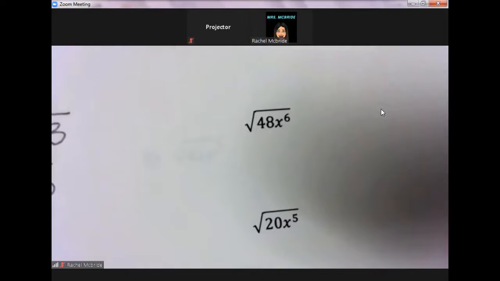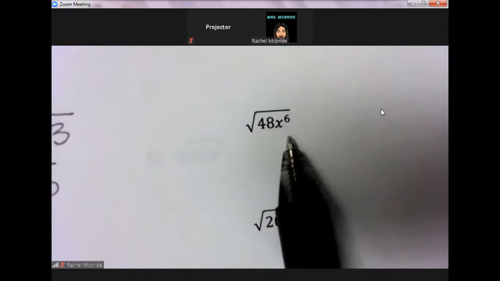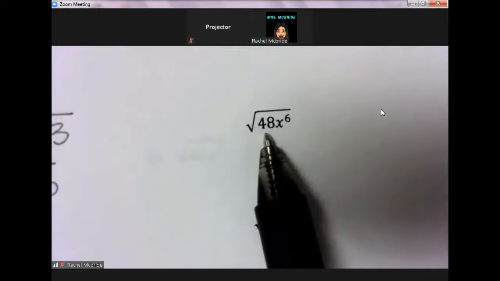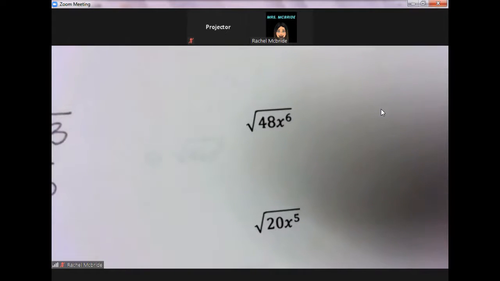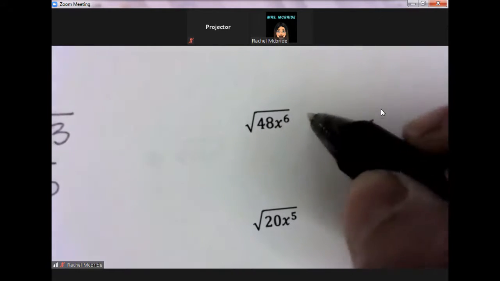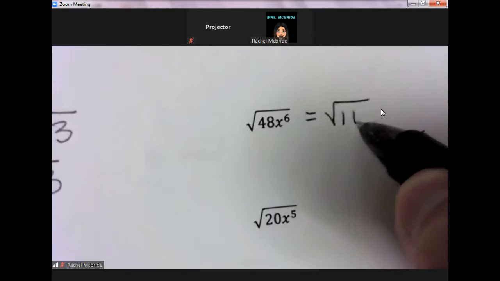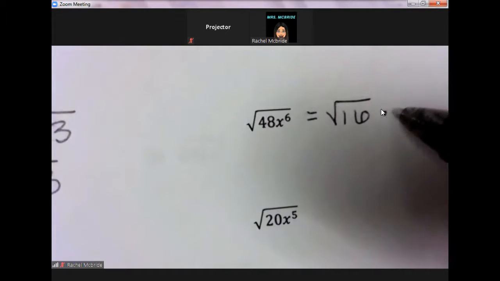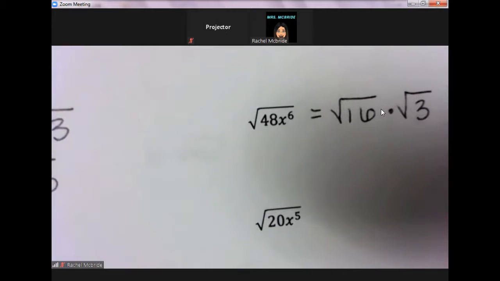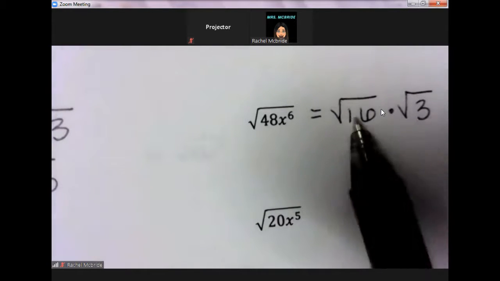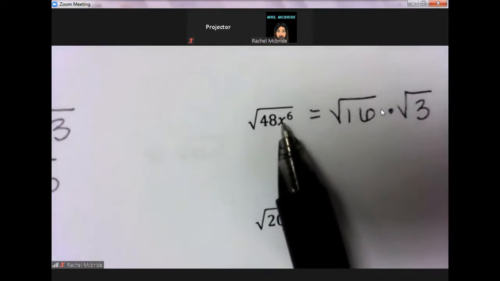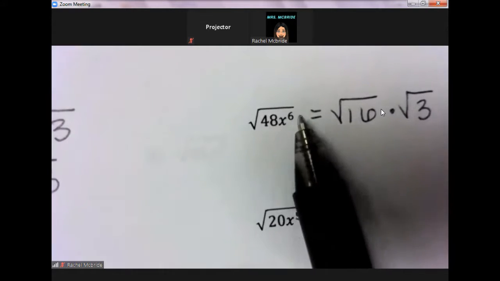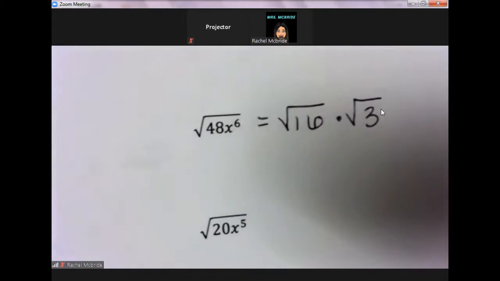So now we're going to take numbers and combine them with variables. So the square root of 48 times x to the 6th. You want to break 48 down into a perfect square. So 48 divides by perfect square 16. So you get 16 and 3. 6 is even. So the rule of thumb is the square root goes away and you divide your even by 2.